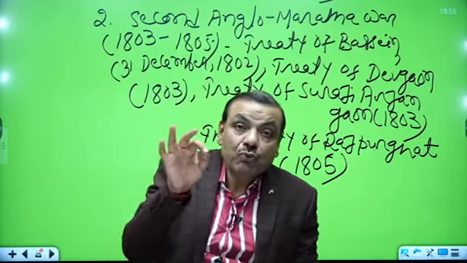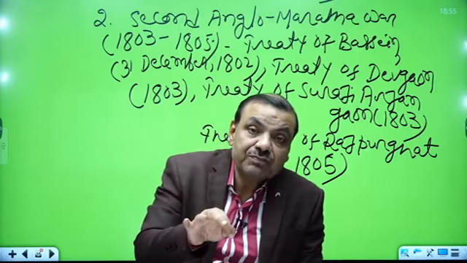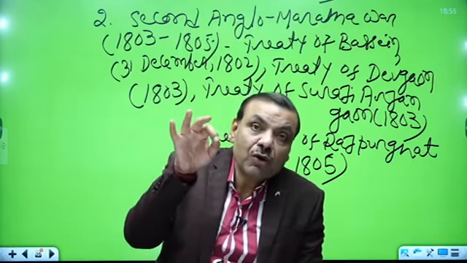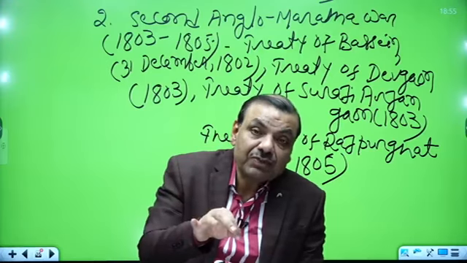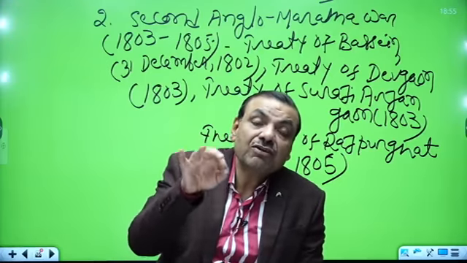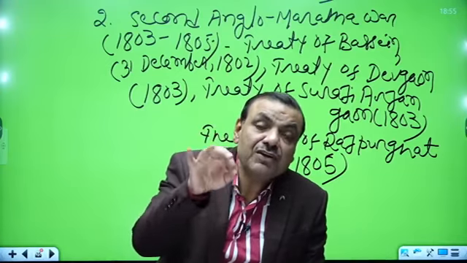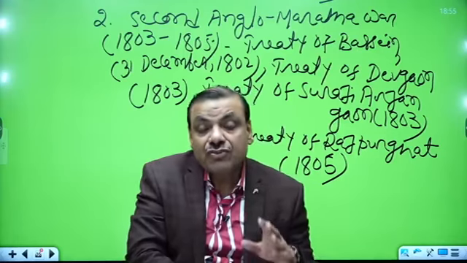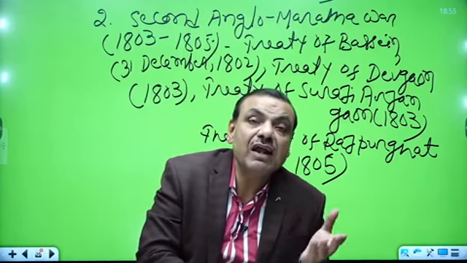So Lord Wellesley signed a treaty with Peshwa Bajirao II, and that is known as the Treaty of Basin. This treaty was signed on 31st December 1802. This Treaty of Basin was just a creation of a subsidiary alliance.